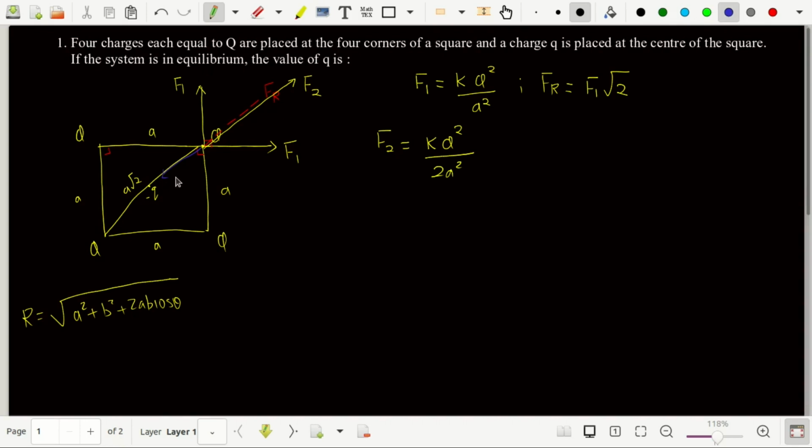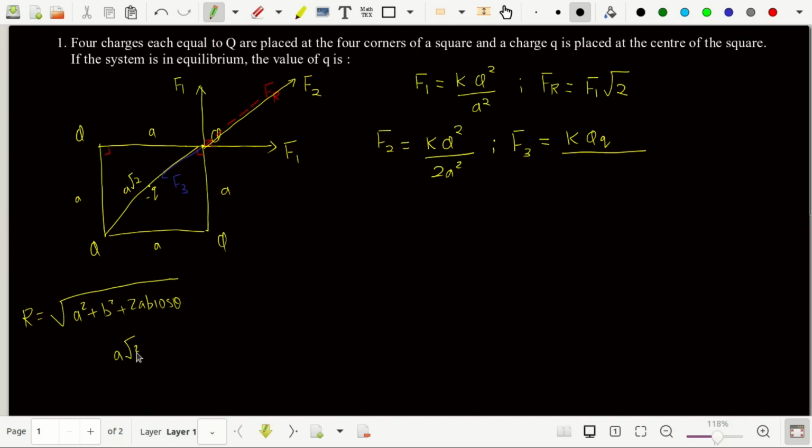So okay fine, now I am interested to find, let's name this force to be F3. So I am interested to find what my F3 would be. So F3 is the attraction force between the negative charge placed at the center and this capital Q. So that becomes K, capital Q, small q, over the distance. Since it is placed at center, this becomes half of the diagonal.